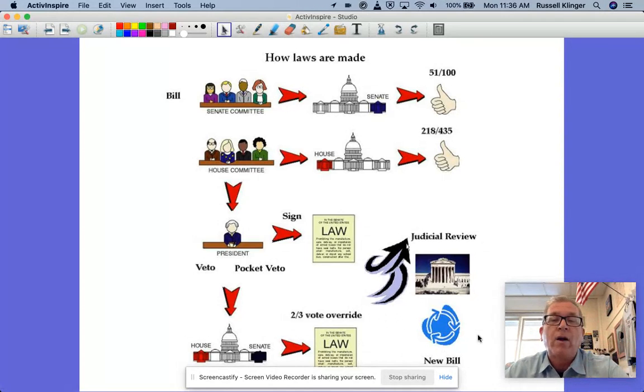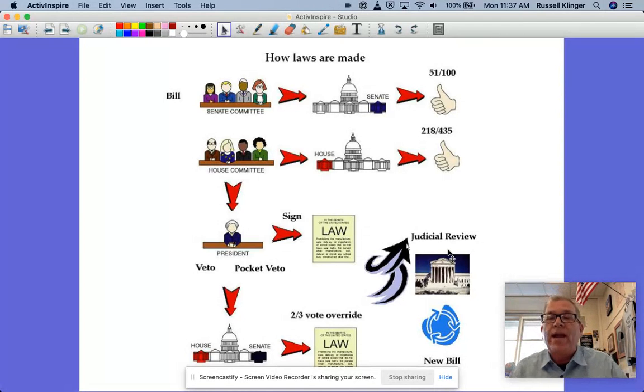All new bills, no matter what happens, go through a process called judicial review. So here's where the judicial branch comes into this whole lawmaking part. They have the power to determine, does the law that's been signed violate any other laws? And if it does, then it won't go into effect.